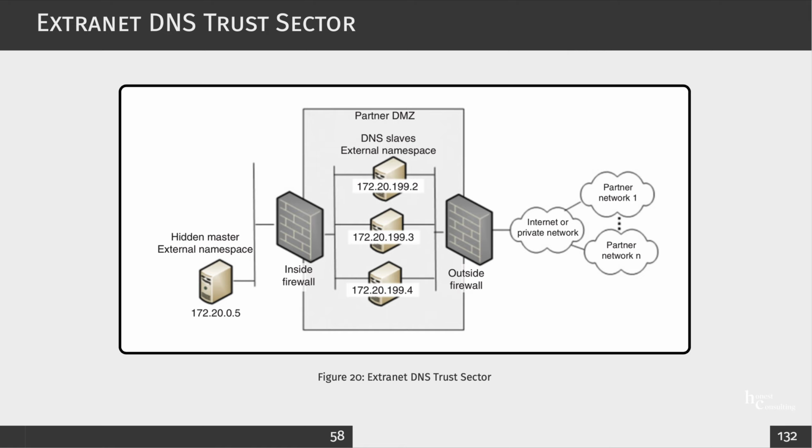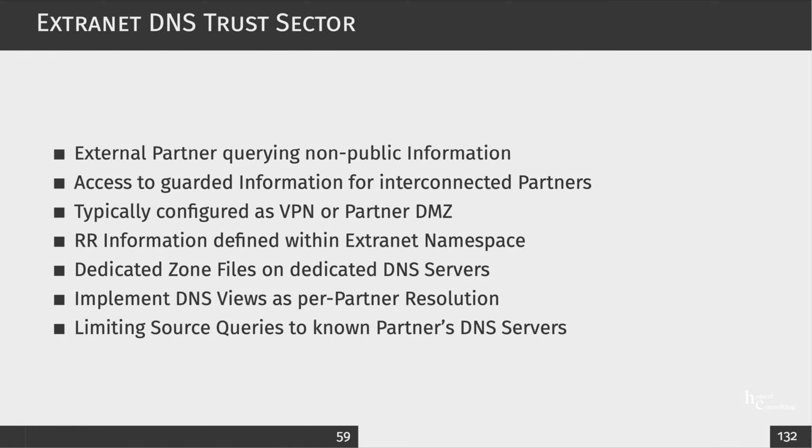They are independent companies, but they are sharing some resources, and these resources need to be able to be accessed by the clients of your partner, and it really makes sense to have a proper DNS infrastructure that is isolated from your standard DNS infrastructure.